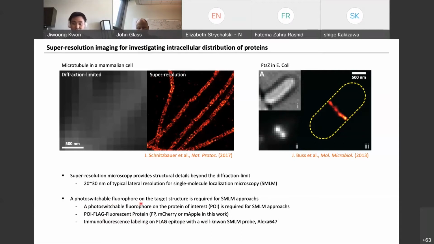So we use SYN3B cells with an extra copy of target genes labeled with a fluorescent protein as well as the FLAG epitope. A well-known photo-switchable fluorophore, Alexa 647, is labeled on the FLAG tag by immunofluorescence labeling.